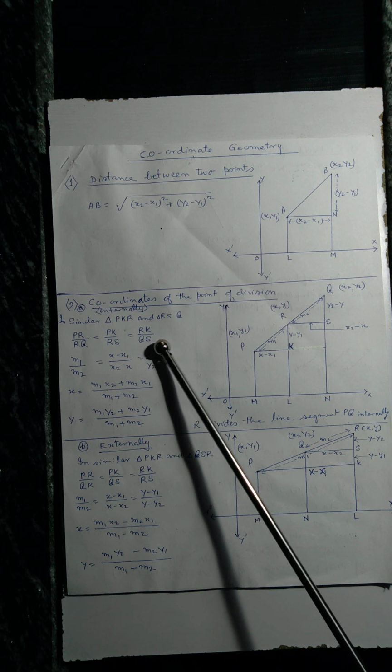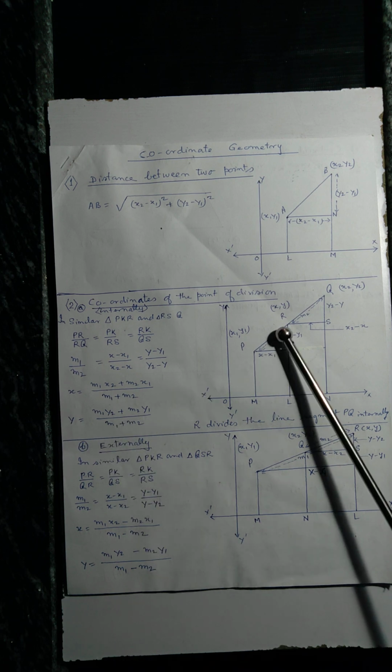PK is x minus x1, and RS is x2 minus x. Similarly, RK is y minus y1 and QS is y2 minus y. We have to find the coordinates of the point R, that is x and y, so let us solve it.